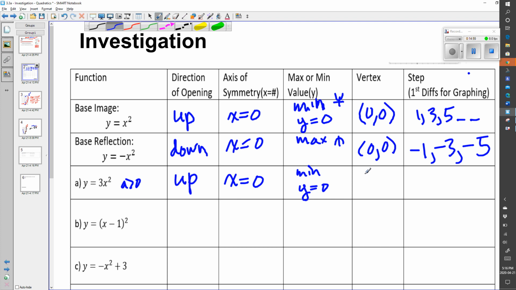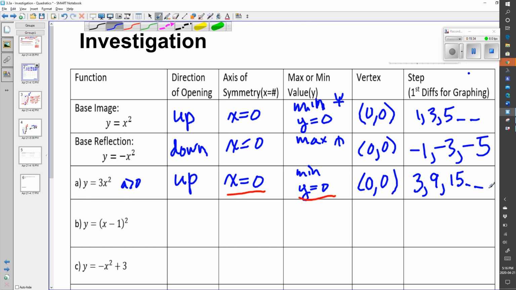Now, in order to get our vertex, here is the best part, we can use this and this to find it, because both of those go through the vertex, and the vertex goes through the axis of symmetry. So (0, 0) is our vertex, and our steps are 3, 9, and 5 times 3 is 15. And we can use those steps to create the points for our graph.